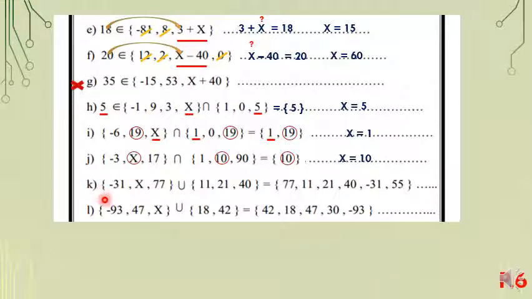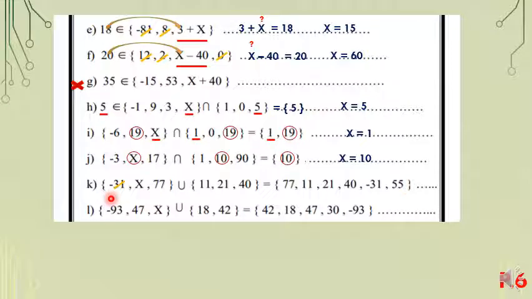Letter K. Negative 31, x, 77 union 11, 21, 40 equals 77, 11, 21, 40, negative 31, 55. I need to find the value of x. Union means that the answer has all the elements inside the two sets without repeating. So we are going to start crossing the repeated element.